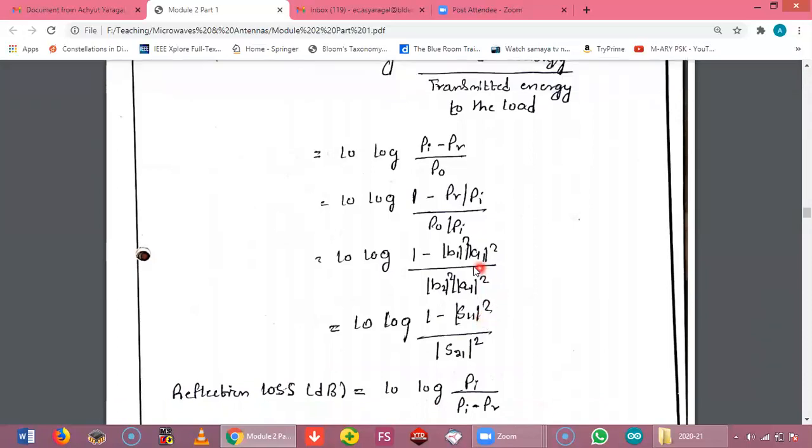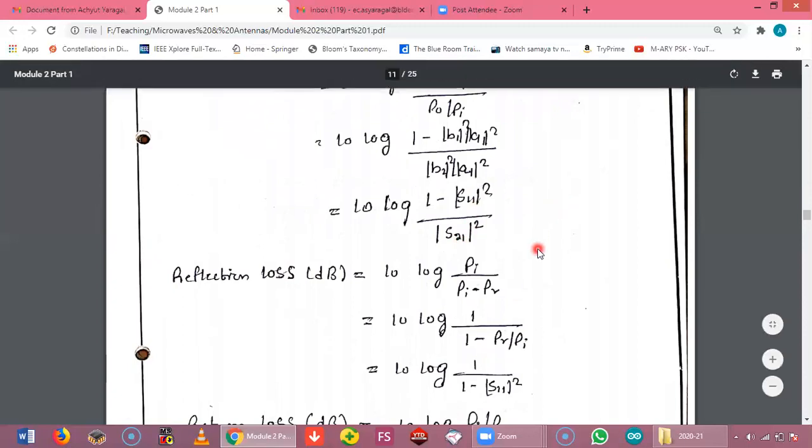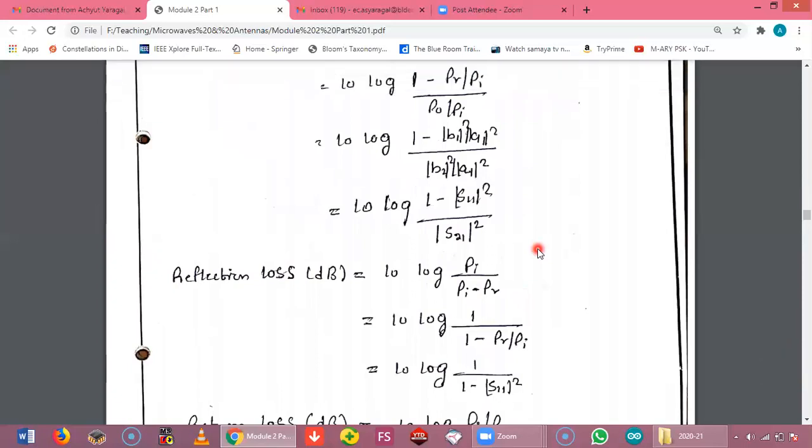B1, Pi is nothing but A1, P out is nothing but B2, Pi is nothing but A1. So put those B values in terms of A and B, and we'll have S parameters, S11, S21. This is how we can represent the transmission loss in terms of S parameters, that is 10 log of (1 minus modulus S11 squared) divided by modulus S21 squared.